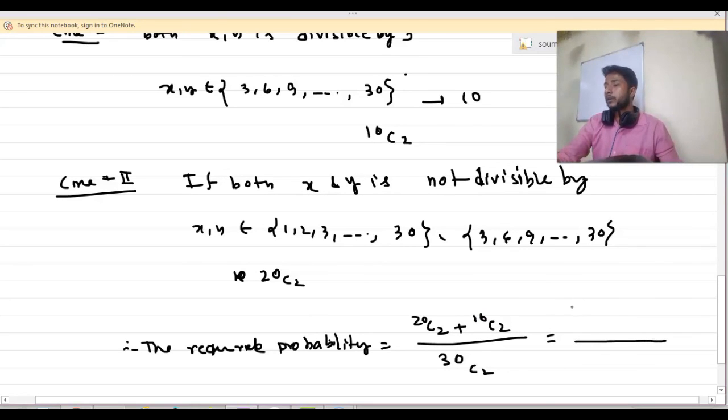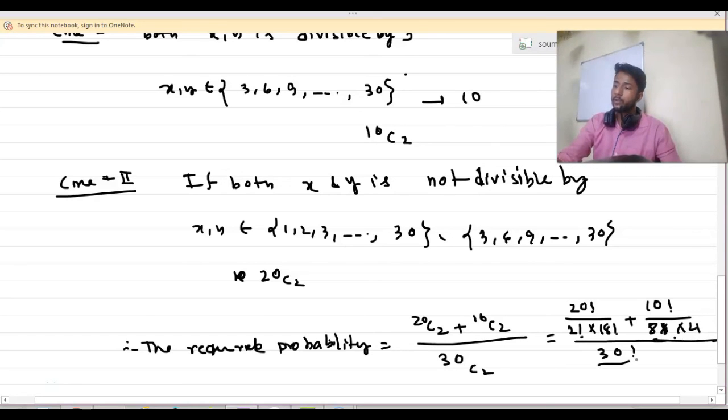So this is nothing but 20 factorial by 2 factorial into 18 factorial plus 10 factorial by 8 factorial into 2 factorial, over 30 factorial by 2 factorial into 28 factorial, right?